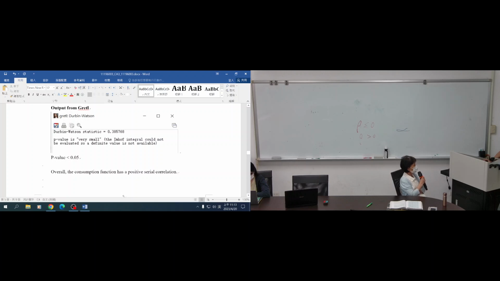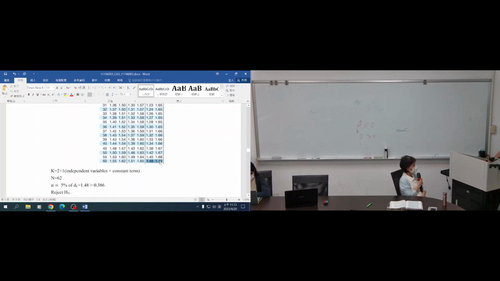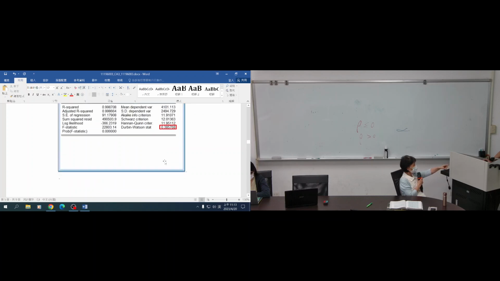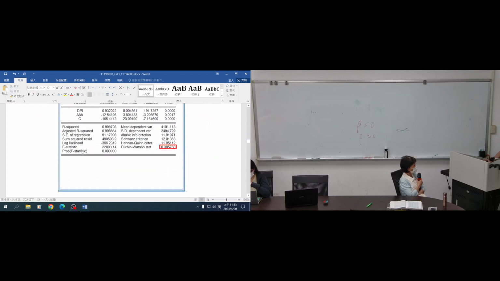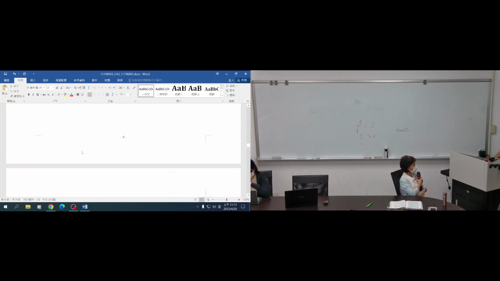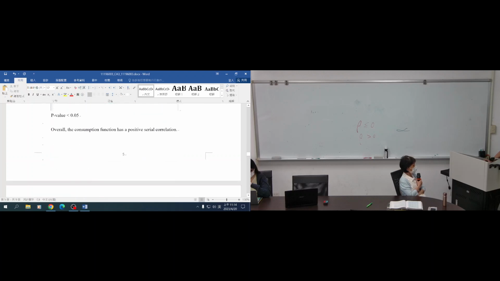Look back at your alternative hypothesis. What you said: the alternative hypothesis is positive, right? So actually, the result here is positive serial correlation.